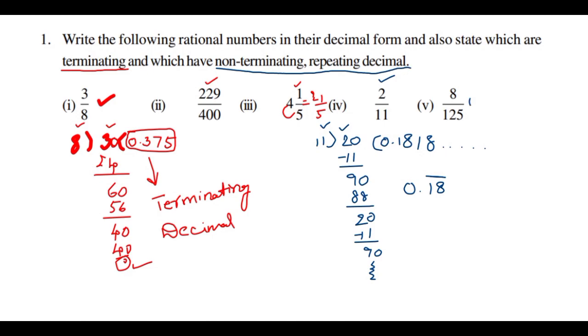Every fraction we can write in decimal form, right? In that, some of them are terminating decimals, some are non-terminating decimals. Terminating decimal means if you get a remainder 0. Non-terminating repeating decimal means you can't find the remainder as 0, and the quotient is like 0.181818, and so on. So this problem you can try and answer whether it is terminating or non-terminating.